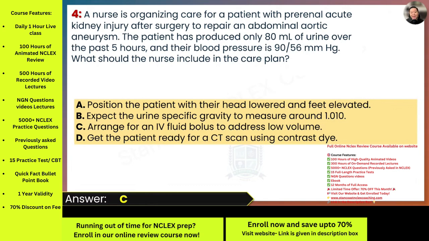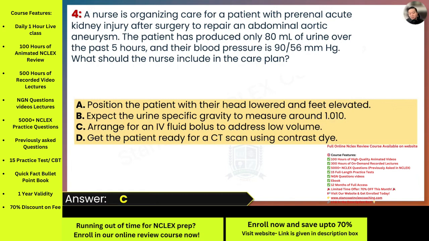And so when you answer this type of question, you have to always focus on the cause and treatment. Now, as we know that this is an acute kidney injury, we have to remind ourselves that the primary problem here is hypoperfusion, which can often be treated with IV fluids to restore the fluid volume, and this will improve the kidney function.